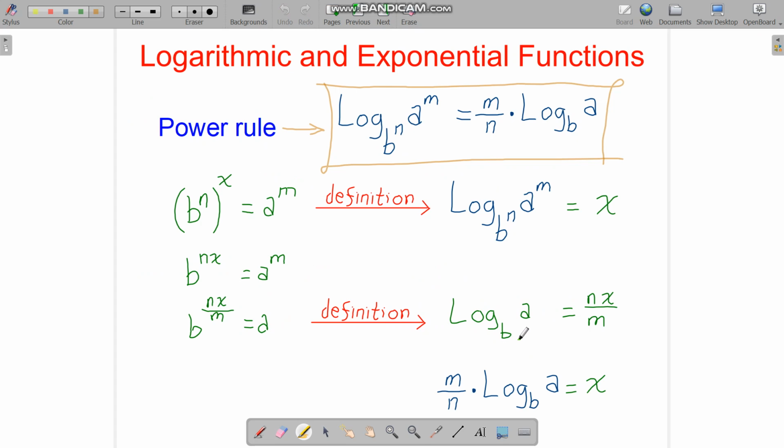Power rule, you can derive this using, let's say, b to the power of n, again to the power of m, equals x, by definition of logarithm. This is the log, this is the argument, this is the base, and this is the result. And if we multiply, because power to a power we multiply, we get this, and we can just raise both sides to the power of 1 over m.